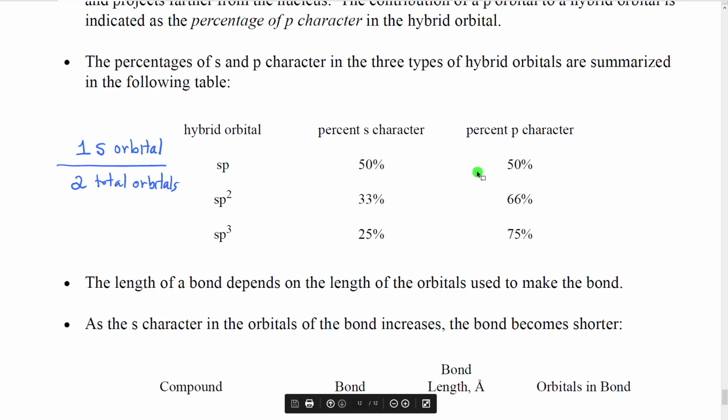What you can see is that as we add more p orbitals into our hybrid, the percent p character increases a great deal. What that's going to cause is the sp3 hybrid to be a much longer orbital than the sp orbital, which means that when I want to make a bond with an sp3 orbital, I can keep the atoms farther away, which means the length of the bond will be longer.